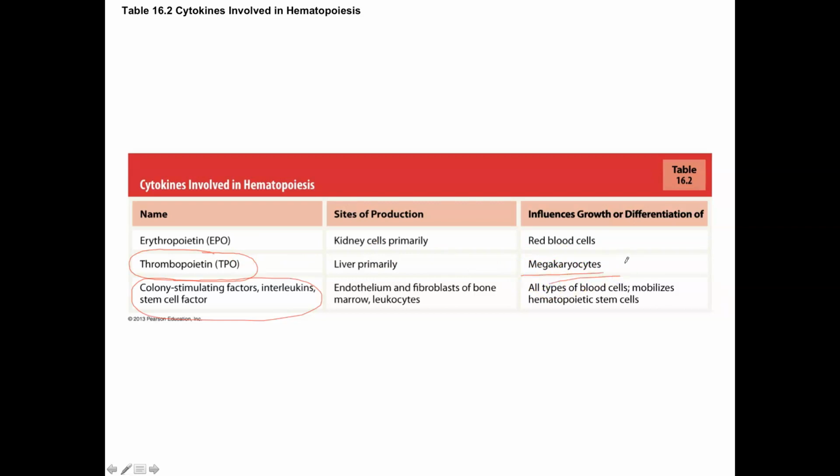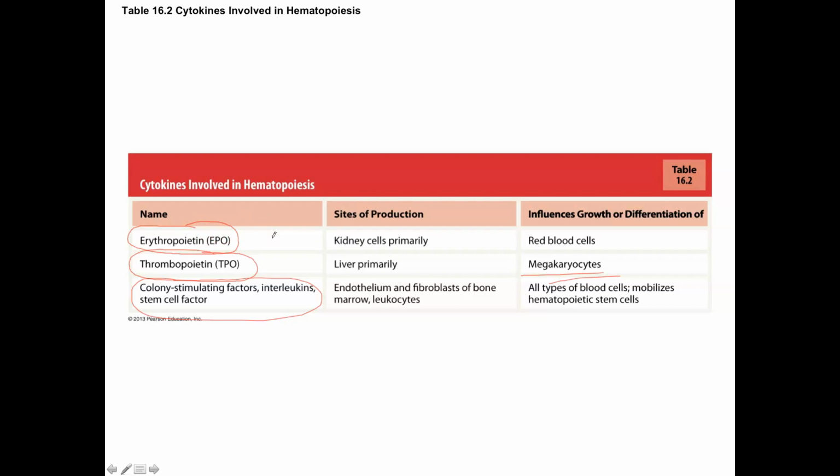And megakaryocytes are the precursor in bone marrow to platelets. So megakaryocytes fragment and therefore give us platelets that we use in the hemostasis process, so fixing broken blood vessels. And then erythropoietin is the hormone from the kidney that is responsible for erythropoiesis.